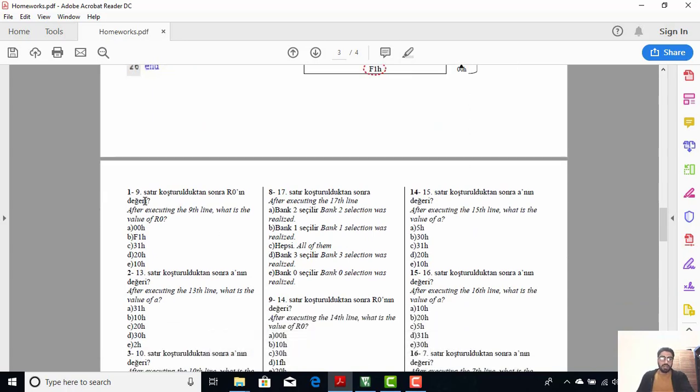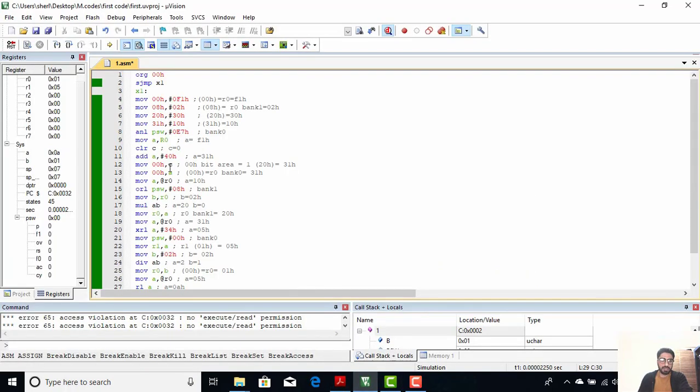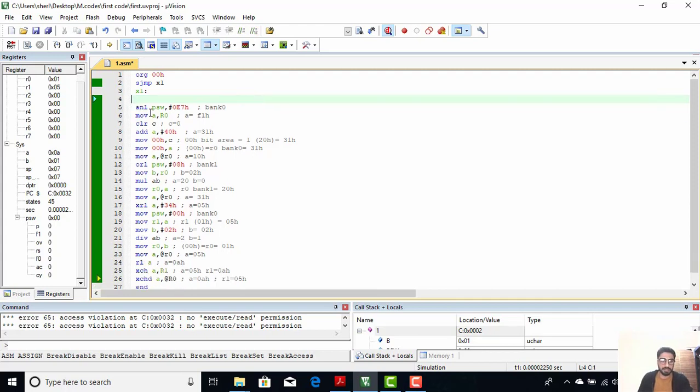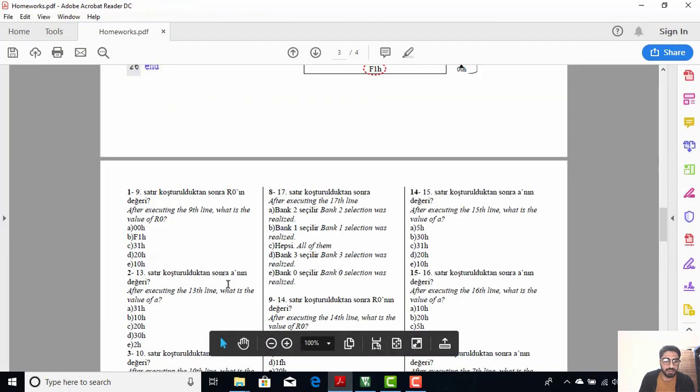After executing the ninth line, what is the value of R0? Since we added some initial values, we need to remove them just to keep the lines. Since we are in the ninth line, what is the value of R0?